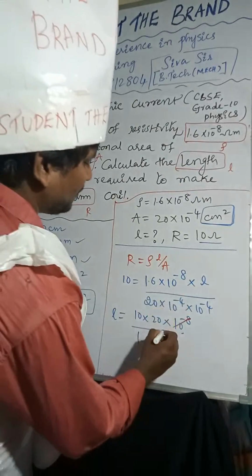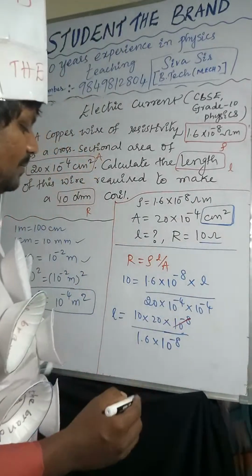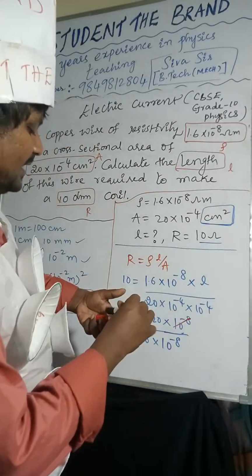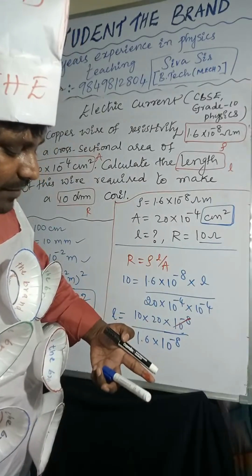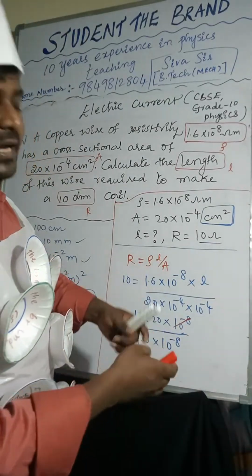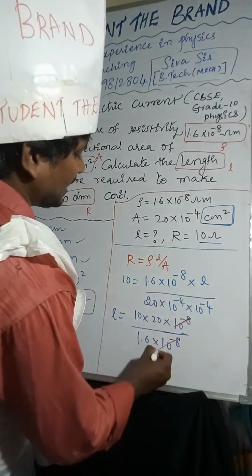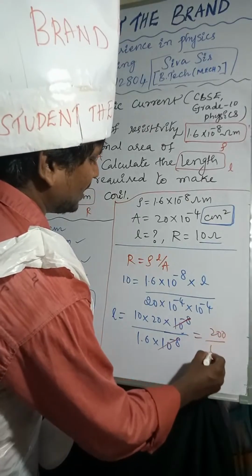Here, 1.6 into 10 power minus 8 and 1.6 into 10 power minus 2, both will get cancelled. After cancelling, you'll get 200 by 1.6.